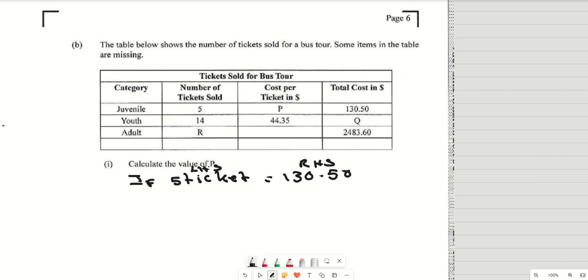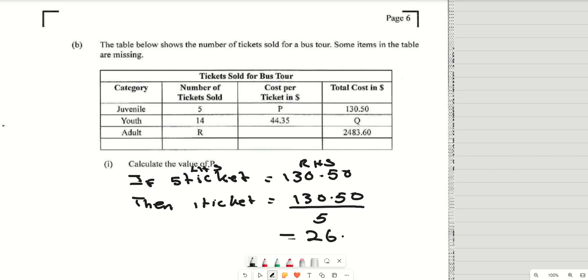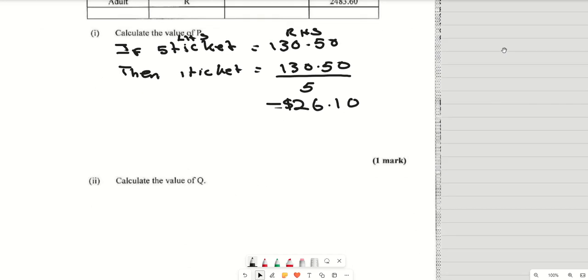So if 5 tickets is that, then one ticket would be $130.50 divided by 5. 130.5 divided by 5 is equal to $26.10, right? And that would be the cost or the value of P.